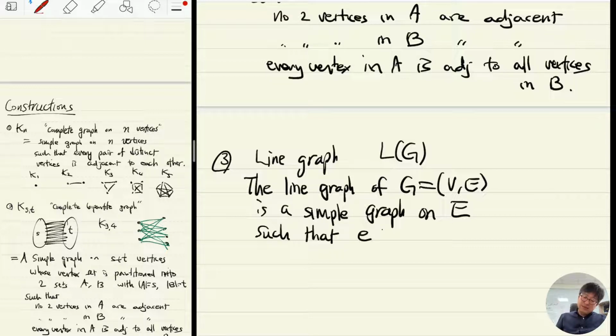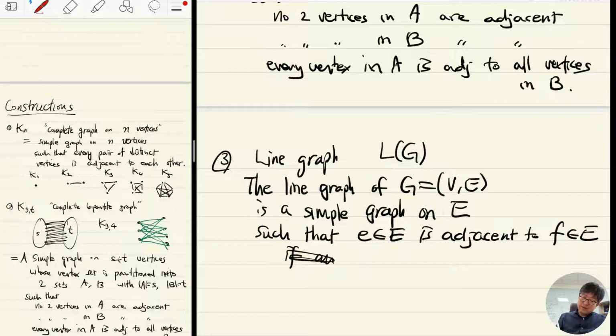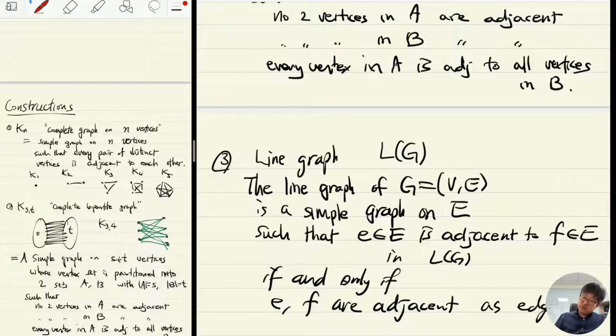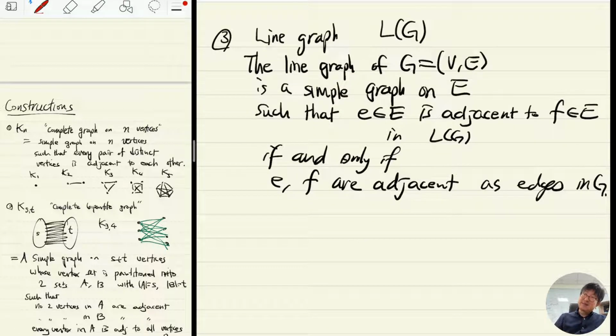So e in E is adjacent to f in E in L(G) if and only if e, f are adjacent as edges in G. I forgot to say the adjacency is in the graph between edges.